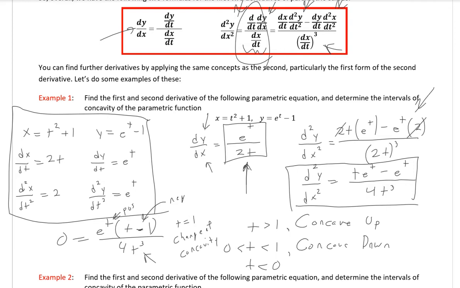And 4 times something negative to the third power will still stay negative. The negatives will cancel, and I'll end up overall with a positive number. So this is going to be concave up. So we actually ended up with 3 intervals here, and those are going to be my intervals of concavity.